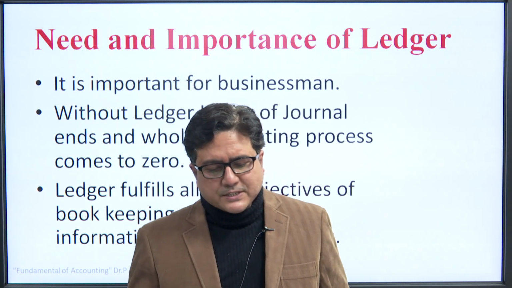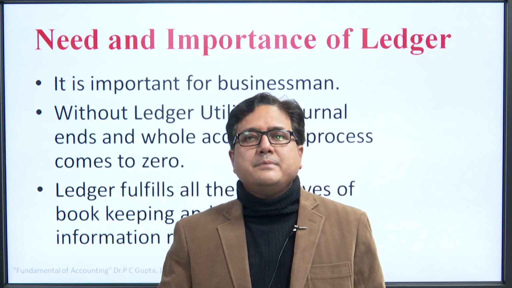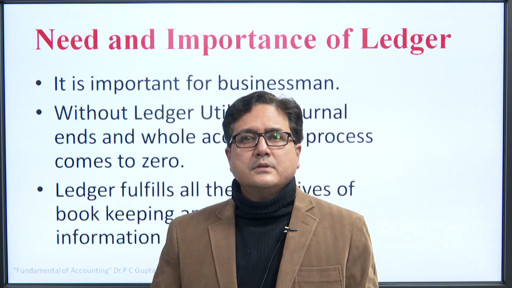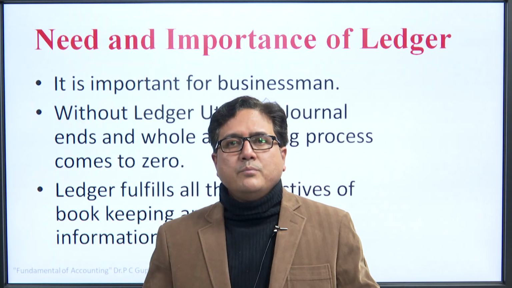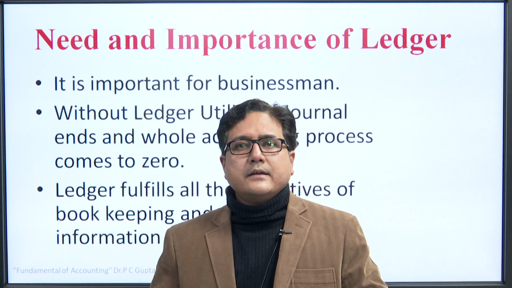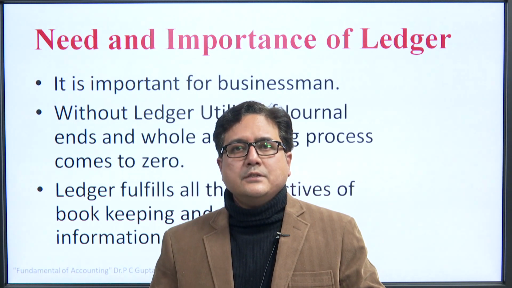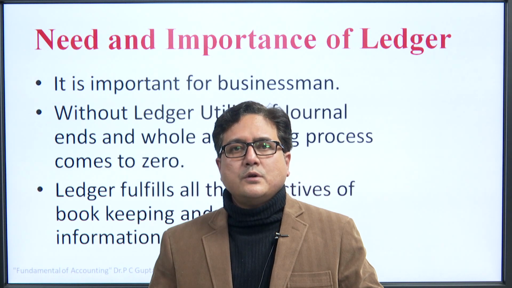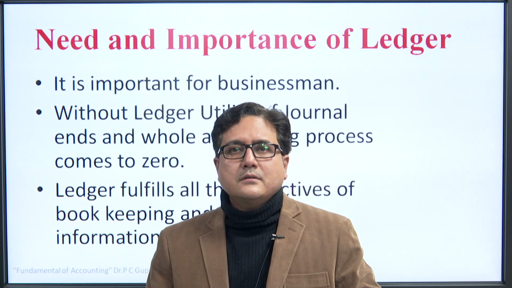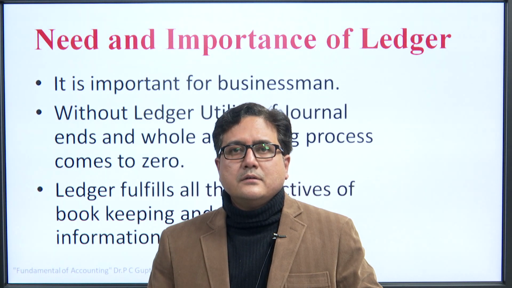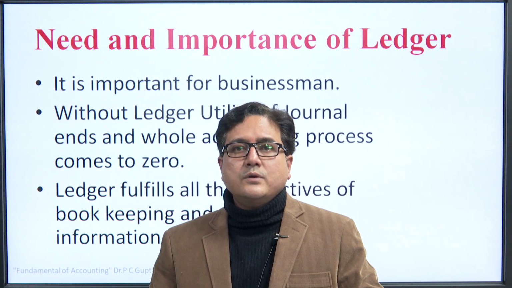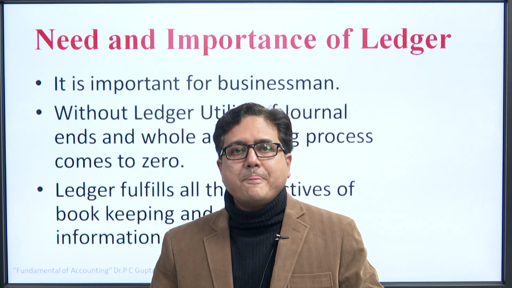Ledger fulfills the objective of bookkeeping and provides the information related to business. As we know, bookkeeping is an art and science, because it also has some mathematical things, like the accounting equation we already discussed.